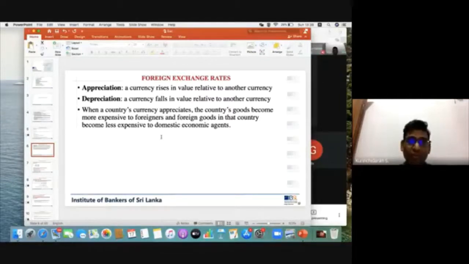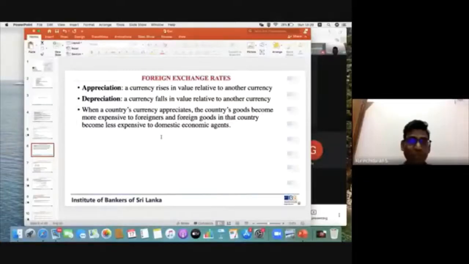So if the value of the local currency rises against USD, that means LKR appreciated. Depreciation means a currency falls in value relative to another currency. So there should always be a comparative figure, right? So if LKR's value falls compared to USD, that is depreciation.